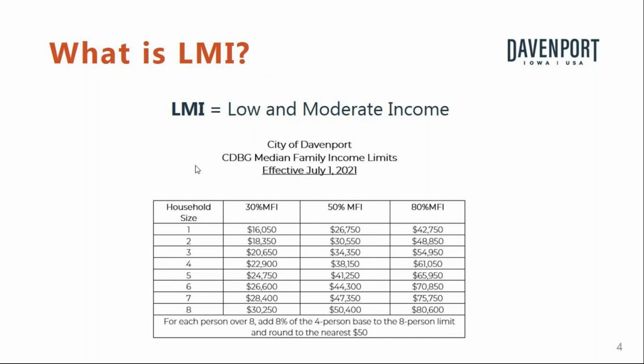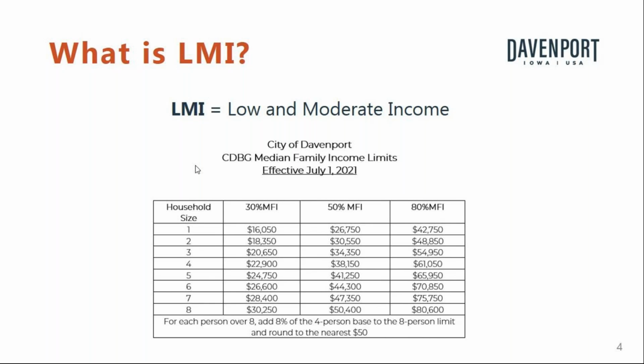Displayed here are our current low and moderate income thresholds, and you can see it's by household. The CDBG program allows funding to be spent on households up to 80% of median family income. And you can see for a single person, that's a lot of money. $42,750 for a single person is still considered low and moderate income under the CDBG program.